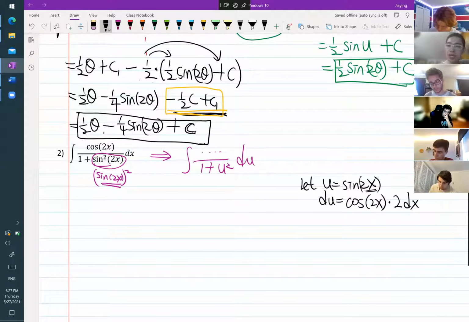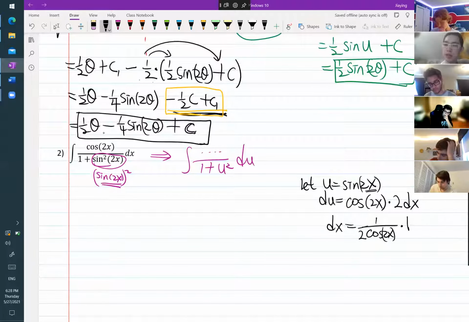And I'm going to solve for dx. So dx will equal 1 over cosine 2x times 2, so 1/2 cosine 2x, and then du. Now I can go back to the integral and substitute for sine 2x and also for dx.